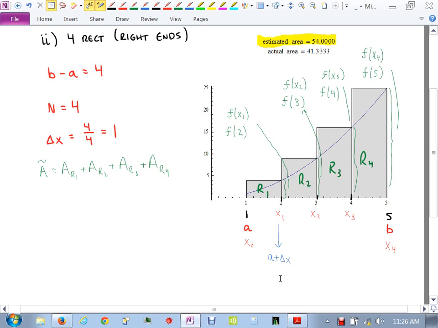Okay, what is a? A is 1, isn't it? So you start out here, but then you add to a delta x. What's delta x? It's 1, right? So to get to x1, you actually start at A and you add 1 width of a rectangle, right? To get to x1? Yes.